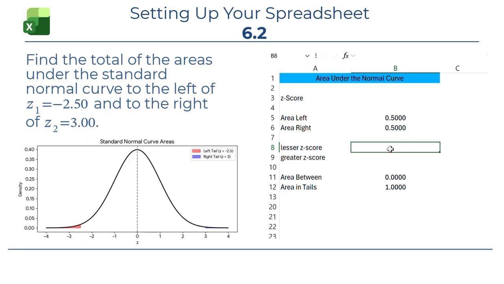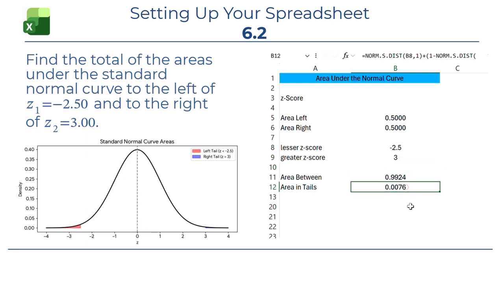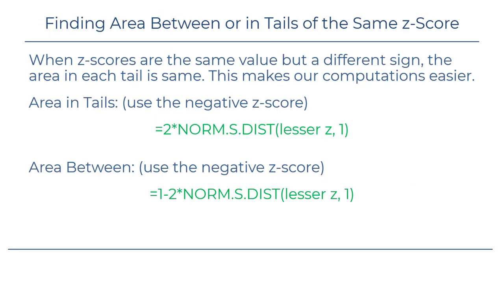Our lesser z-score is negative 2.5, and our greater z-score is 3. And we can see that together, the area in the tails is 0.0076.